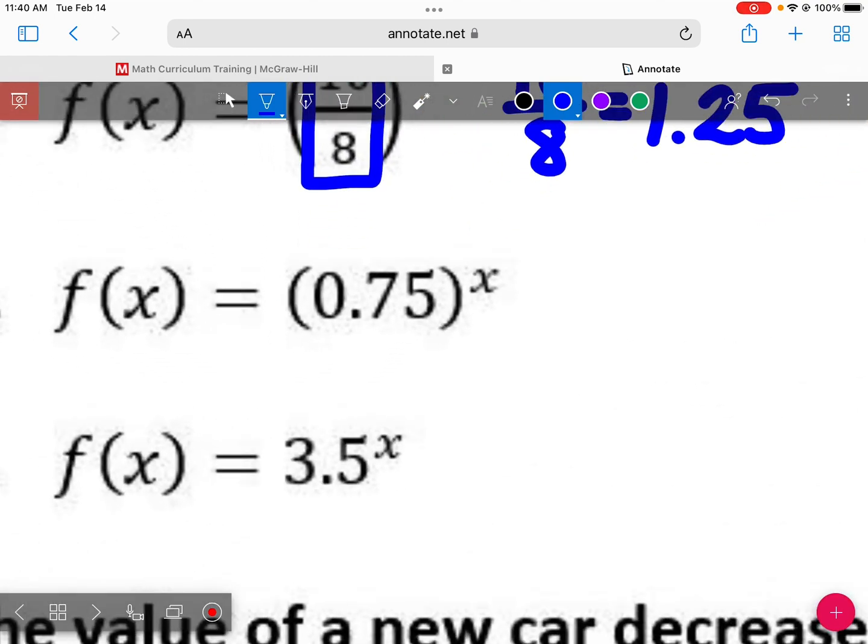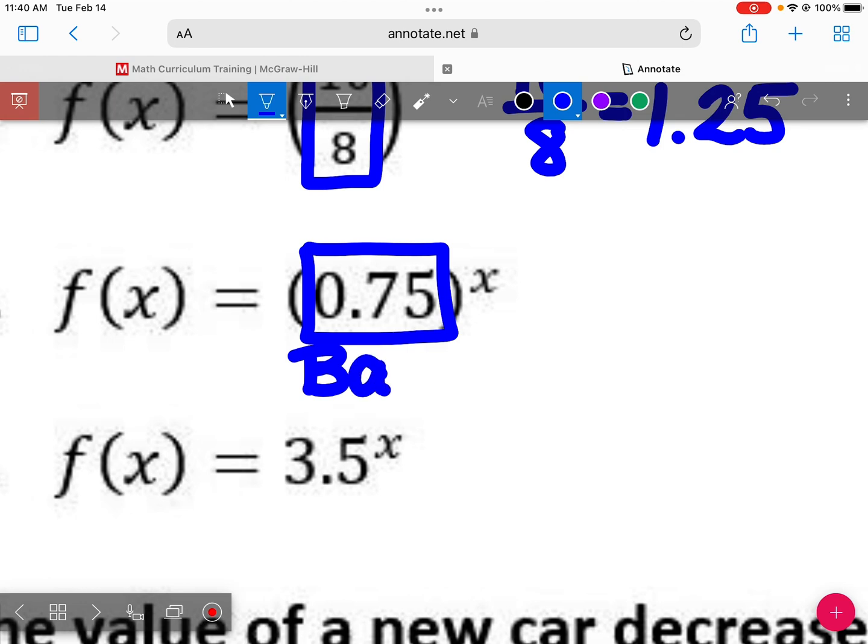What's the base on part B? 0.75. Tell me about the exponent. Is it positive or is it negative? Positive.